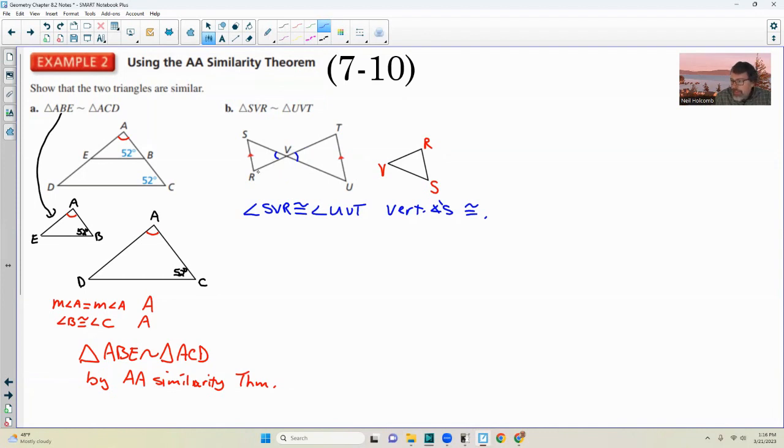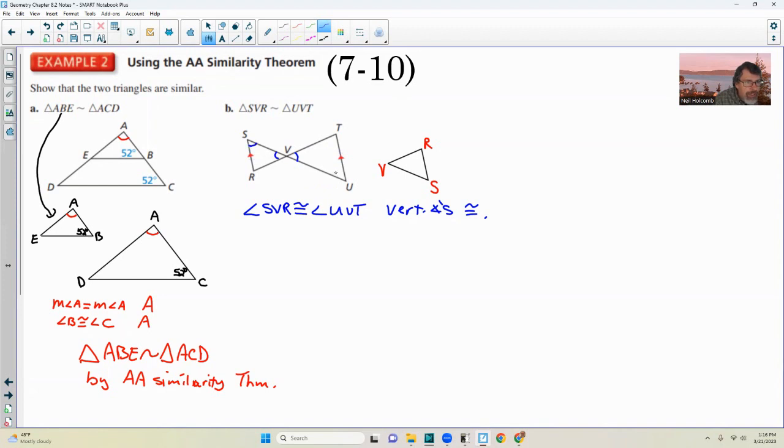Now I have parallel sides here. And RS is parallel to TU right here and there. So since RS is parallel to TU, think of SV as a transversal.